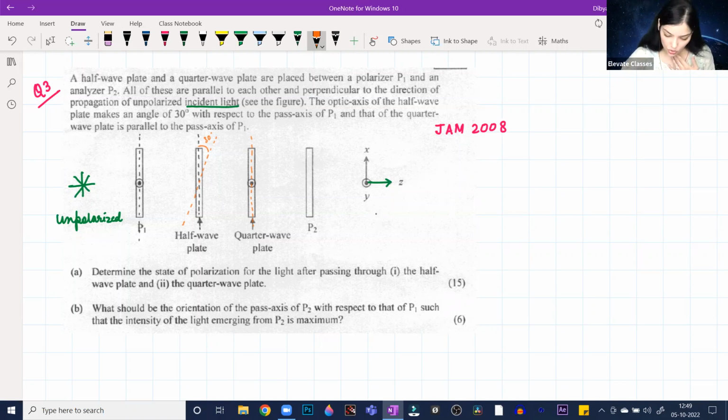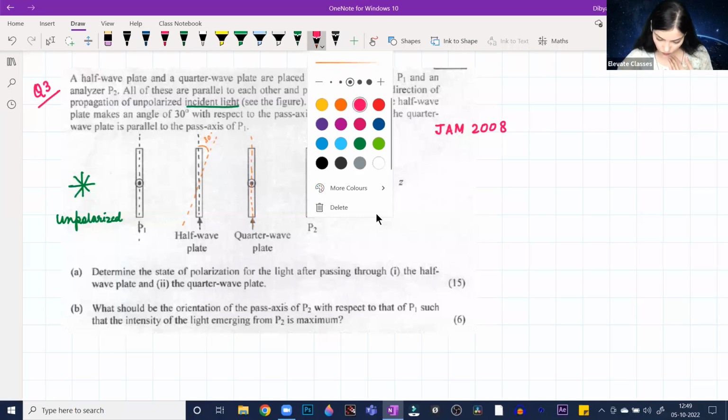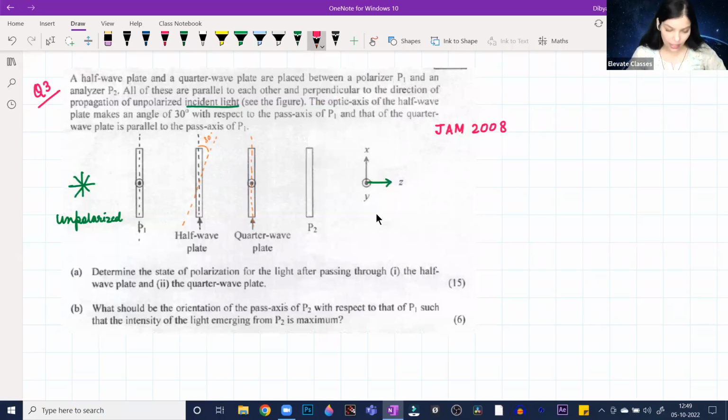ठीक है. So कोई और color लेते हैं. So अब unpolarized light is incident on P1, right? तो let us draw कि P1 के बाद मुझे क्या मिलेगा.